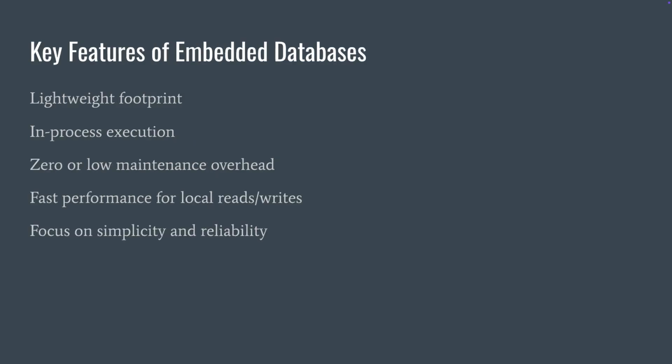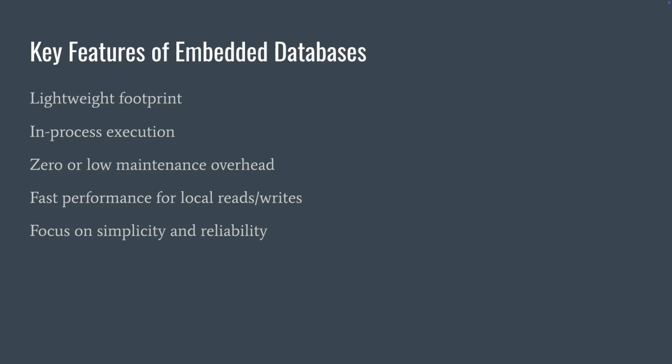Key features of embedded databases. Embedded databases typically share a common set of features that make them highly appealing in certain contexts. First, they are known for having a lightweight footprint, and they don't require the overhead of a dedicated server or the memory usage that a full client-server database might demand.